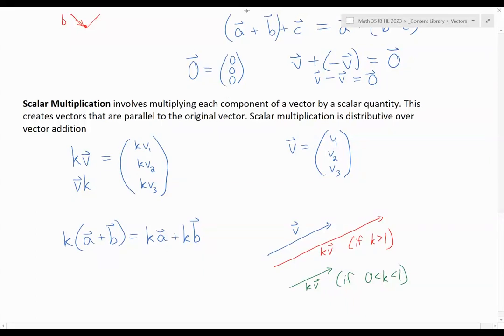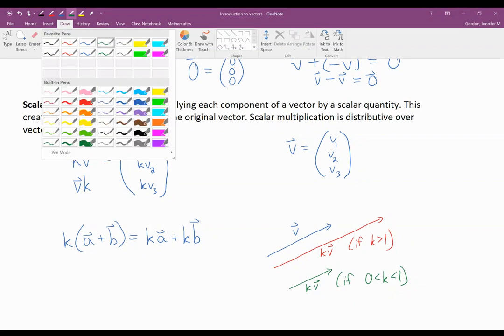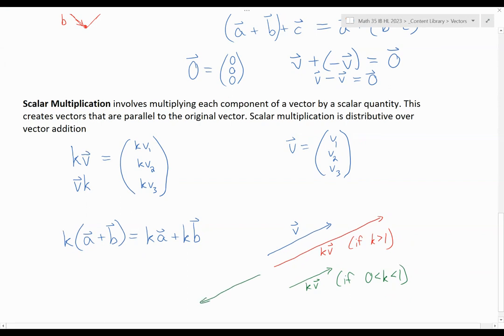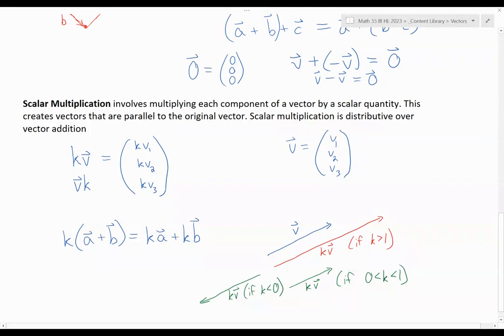If k is negative, then I can end up with something going in the exact opposite direction. So let's say, for example, something like this. So this would be kv if k is less than 0. That's still parallel, though. The direction is just now the exact opposite, but it's along the same line.